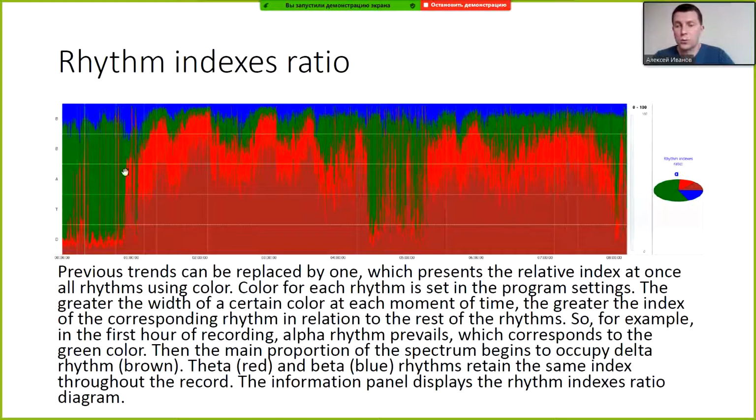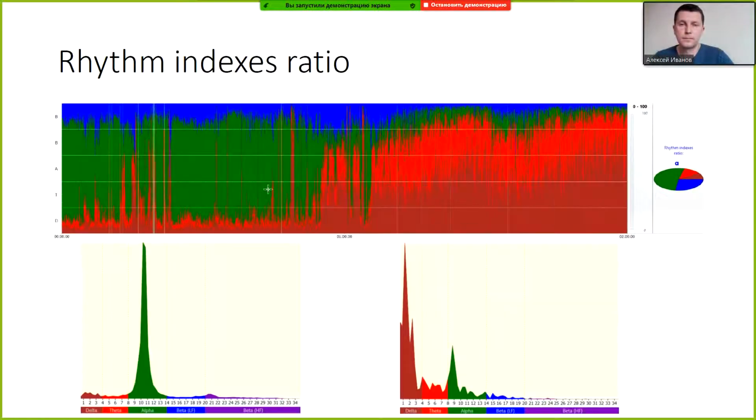And here we can also see that during the first hour of our recording, alpha rhythm was dominating, and after that delta rhythm became higher in amplitude. For example, here we can see how spectral graphs look during these two different parts of our recording. Here we can see dominating alpha frequency, and here delta becoming higher in amplitude.